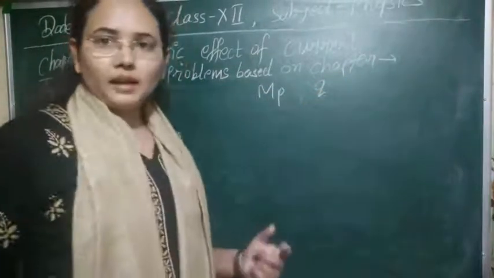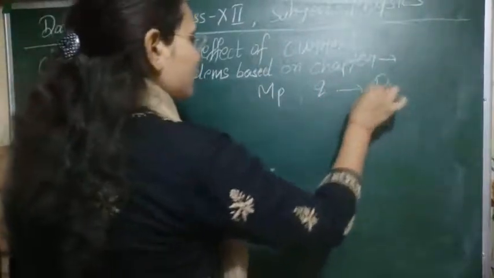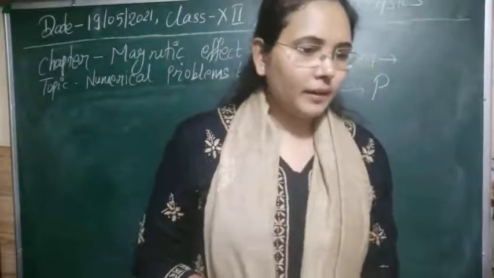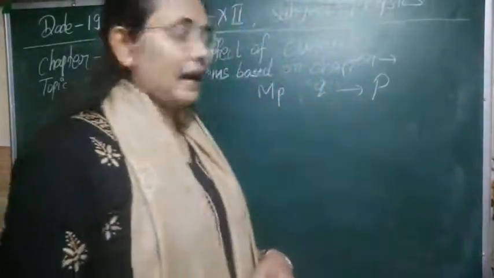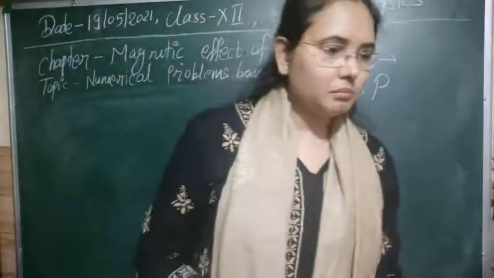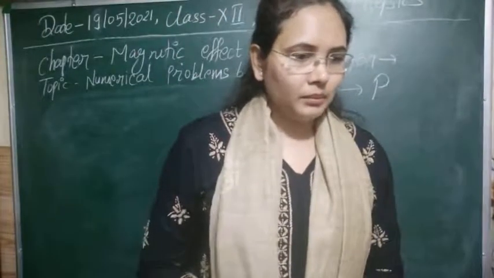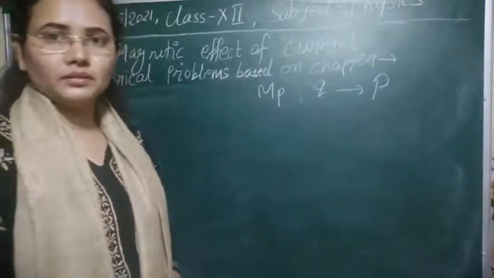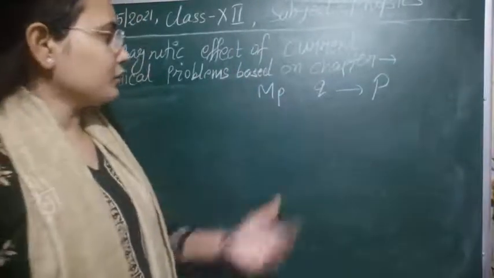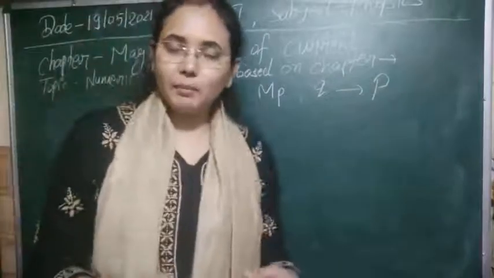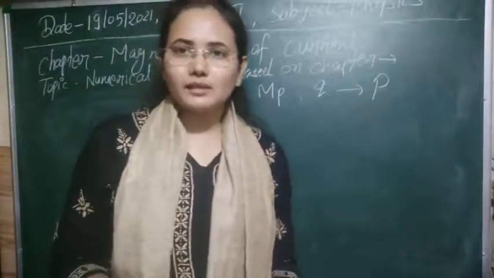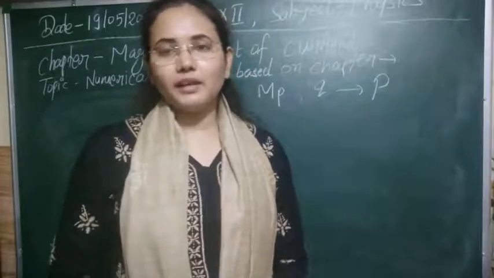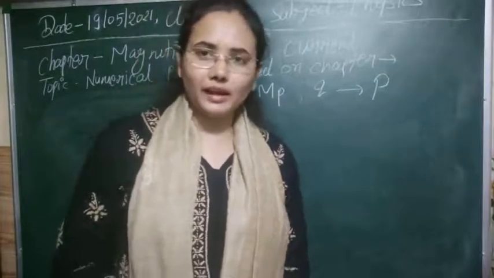For the deuteron, the mass of deuteron is equal to 2 times the mass of proton, and the charge on the deuteron is the same as the charge on the proton, because it is an isotope of hydrogen, where we have only one electron system.